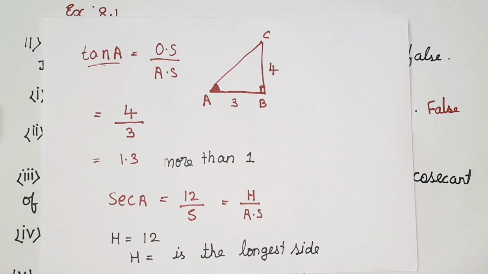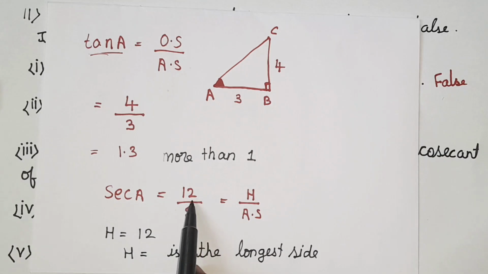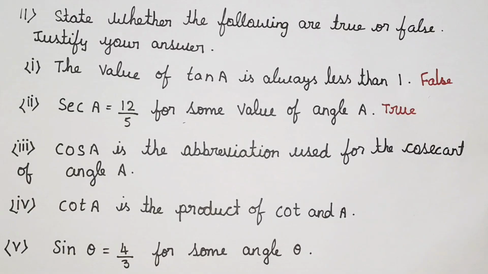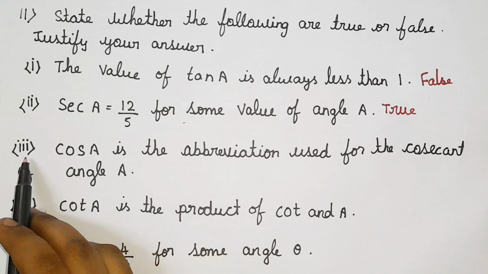So if the hypotenuse is the longest side, its value will also be greater. Here the value of the hypotenuse, 12, is the greatest compared to 5. So it is true. Just because the hypotenuse is the longest side and has the greatest value, the statement is true. That is the meaning of this statement. Now let us move on to the next question, the third subdivision.